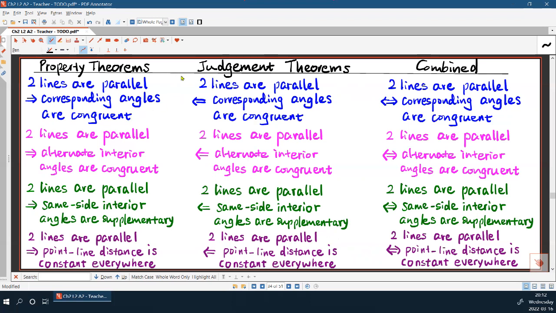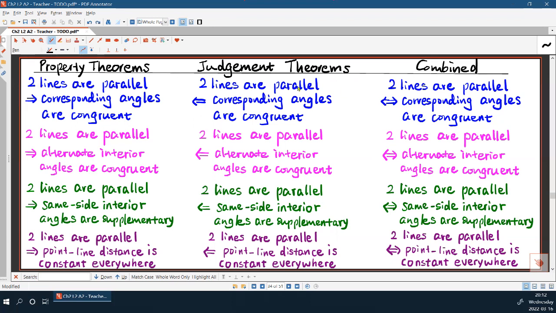And the reverse statement is also proved correct, which is called Judgment Theorem 1. Judgment Theorem 1 states that if you have corresponding angles that are congruent, then we can say the 2 lines are parallel, okay? Please note the direction of the arrows.